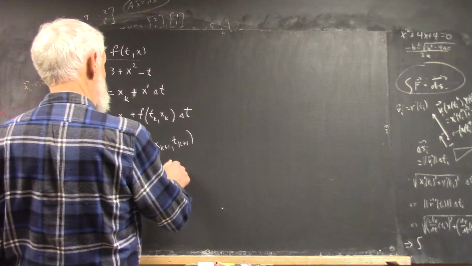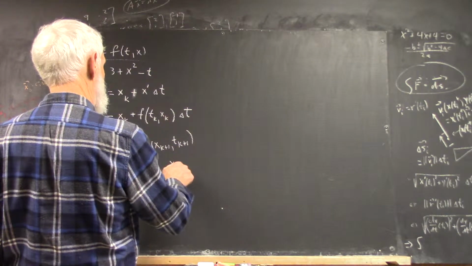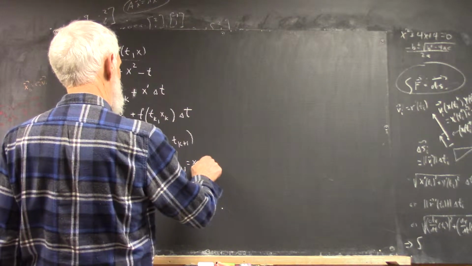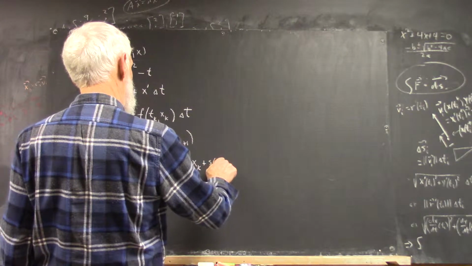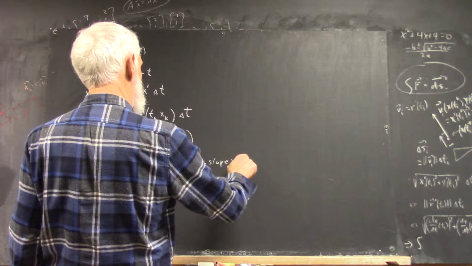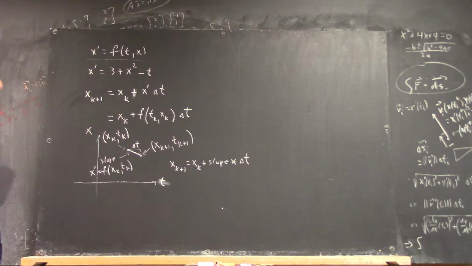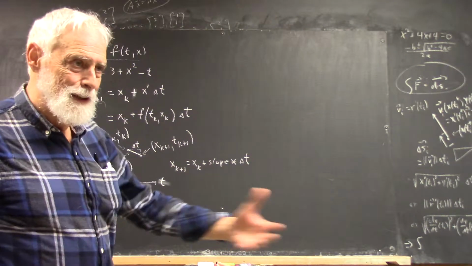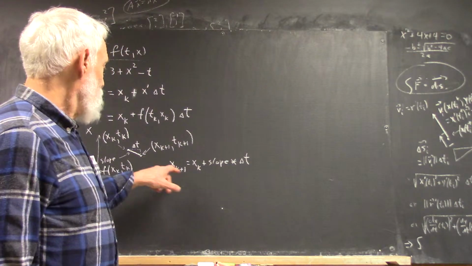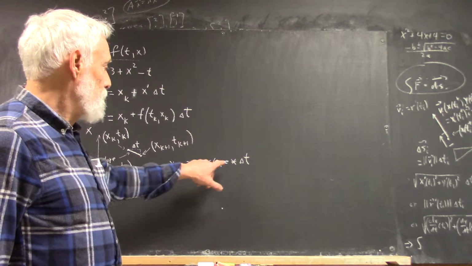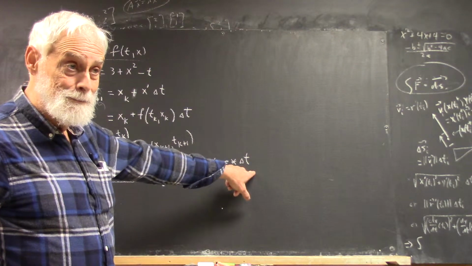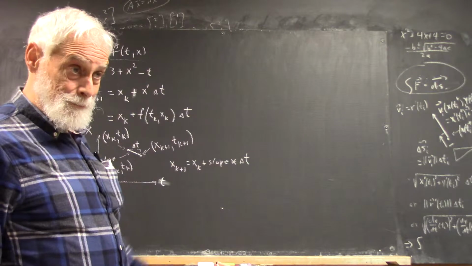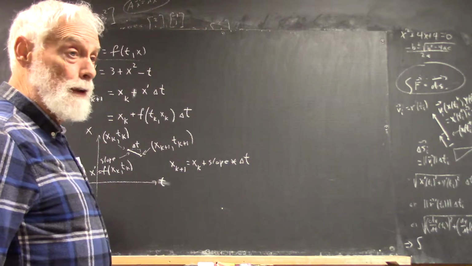Again, without worrying about all the details, at the most superficial level, your next value of x is this value plus the slope times delta t. You don't have to think about derivatives or anything. There are no derivatives involved here.